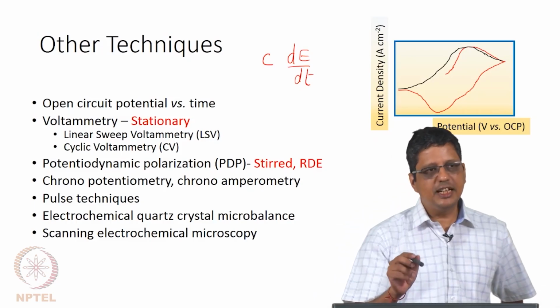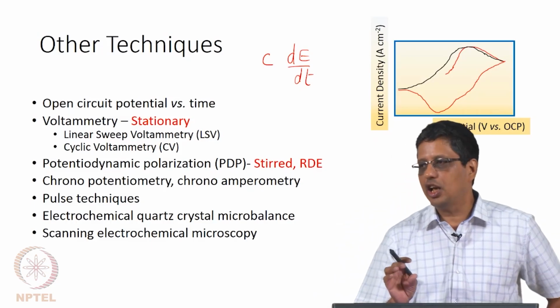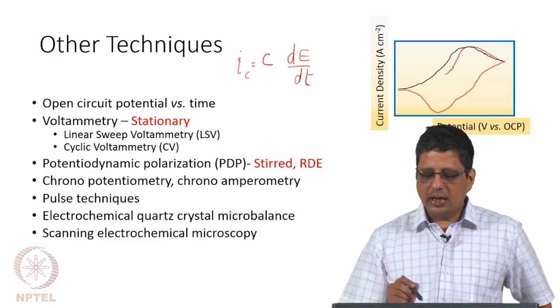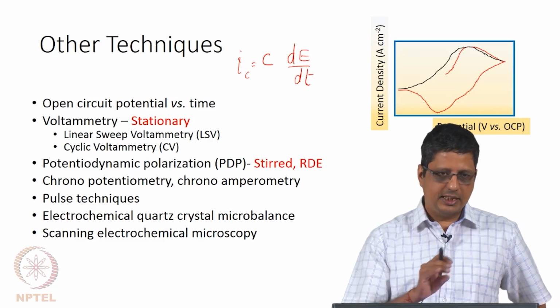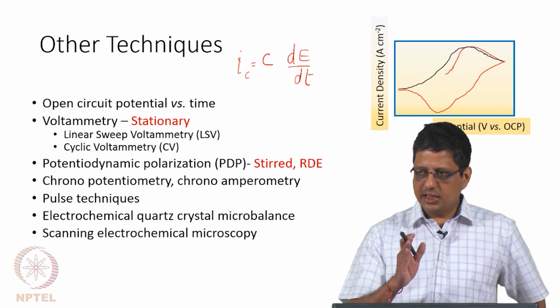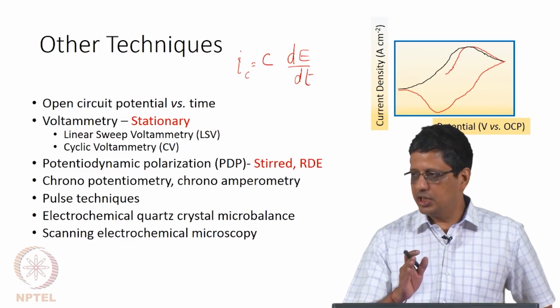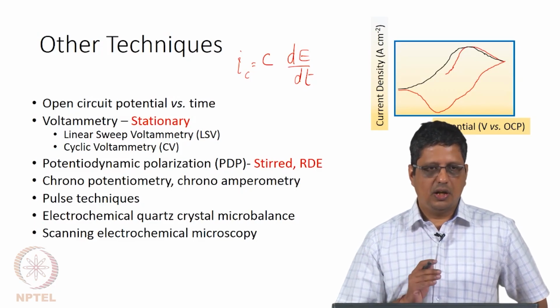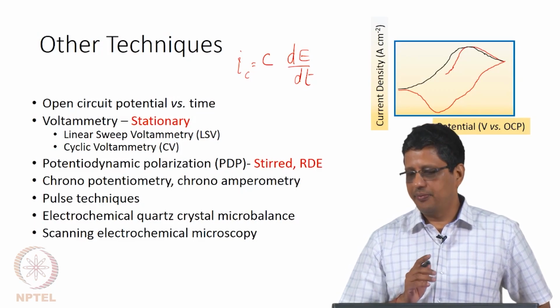If the potential changes quickly with time, dE by dt is a large number, so this will become perhaps a significant number. Total current is due to the reaction plus this capacitance. The reaction may be kinetics limited, or it may be diffusion limited, depending on how fast the kinetics are, and how slow or how fast the diffusion is.